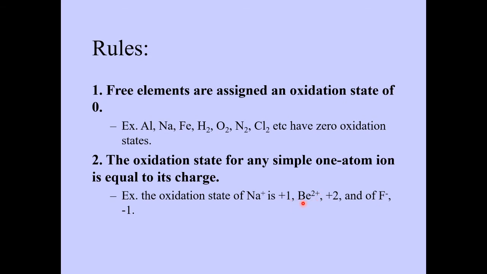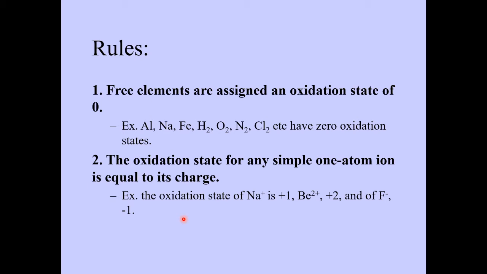Beryllium ion has a 2+ charge. Well, guess what its oxidation number is? It's +2. The fluoride ion has a -1 charge, so it also has a -1 oxidation number. So if you're able to determine what kind of ion it is, then it's pretty simple. Whatever its charge is, that's its oxidation number.